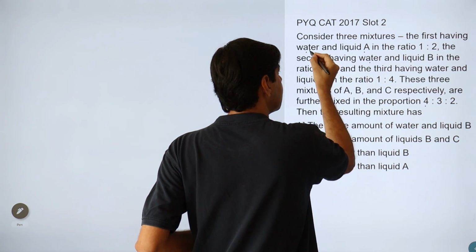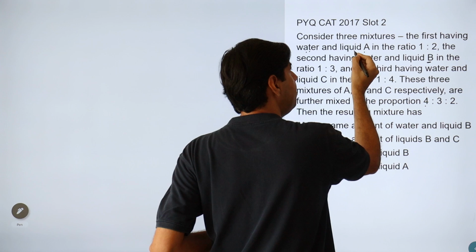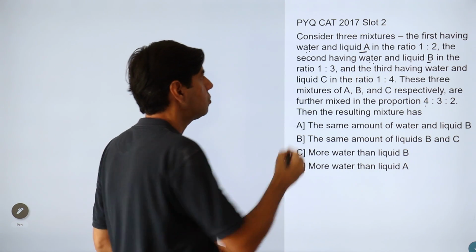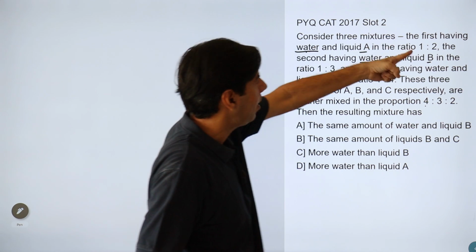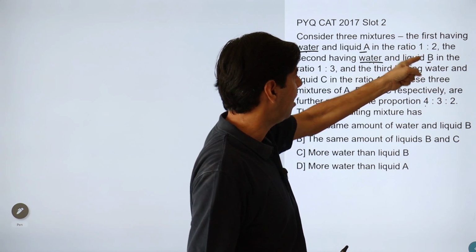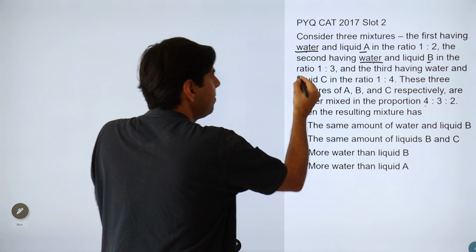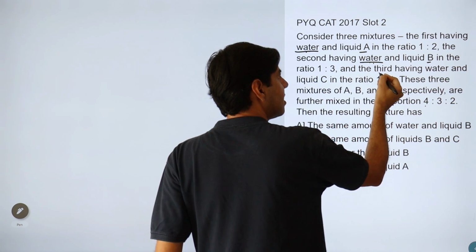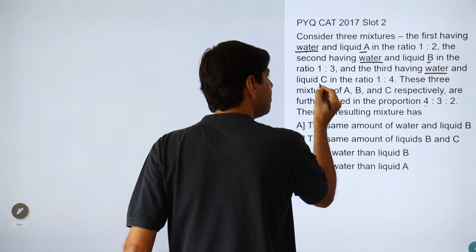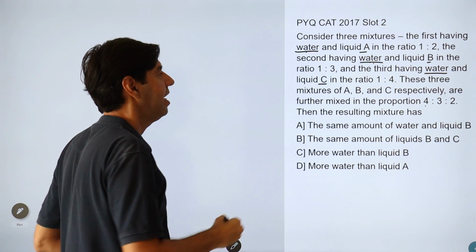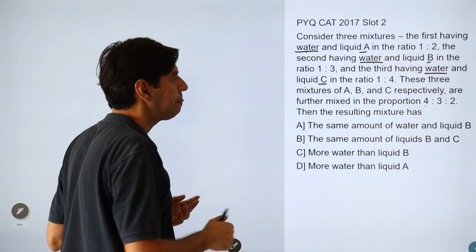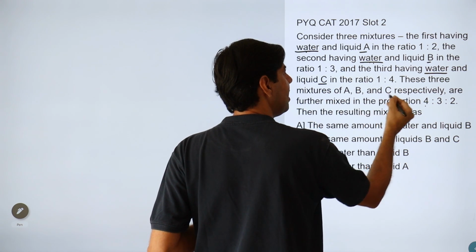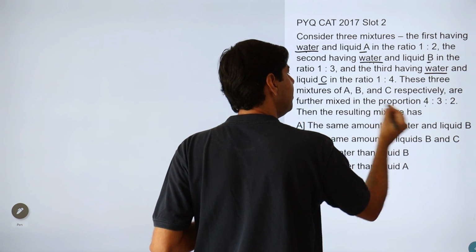The second has water, which is the same, and now this is liquid B and not A. Here you don't have milk, you have something else. And the third again has water, but this is yet a third liquid, in the ratio 1:4.